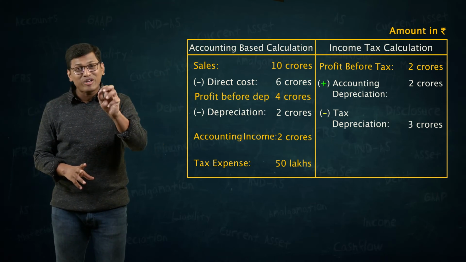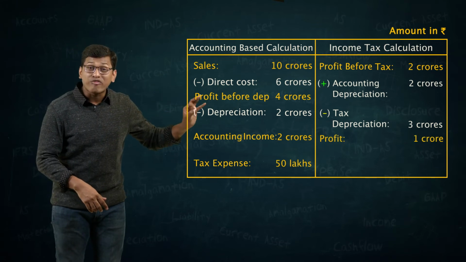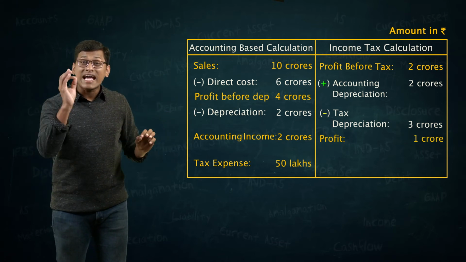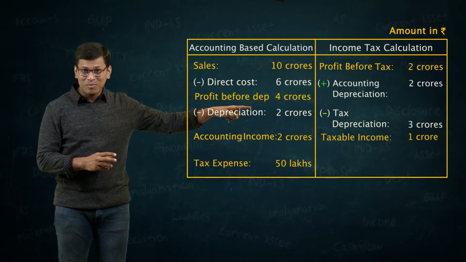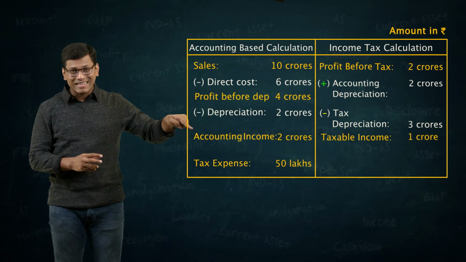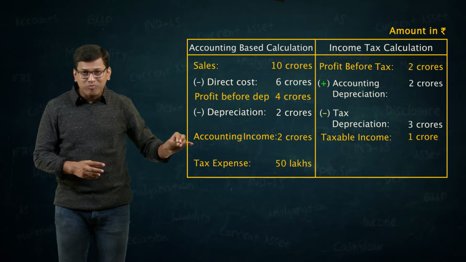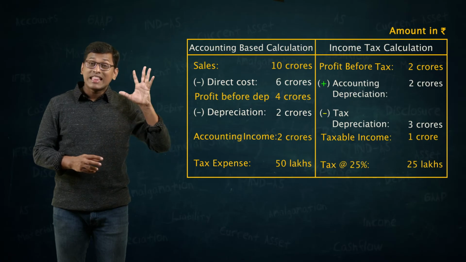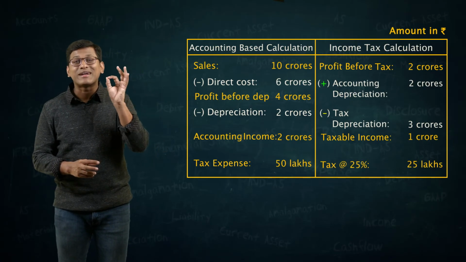What will the profit for tax purpose be? 1 crore. This profit is called as taxable income. On this taxable income, we will apply tax rate. Now, if we apply 1 crore into 25%, 25 lakhs, that 25 lakhs will be called as current tax.